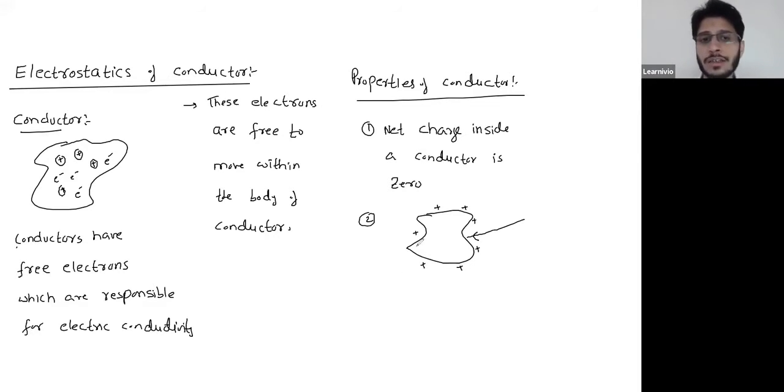Even now, the net charge inside the conductor is zero. This is property of conductor. Whenever you try charging a conductor, that charge will reside only on the outer surface. Inside the conductor, net charge is always zero. Charge resides only on the outer surface of conductor.